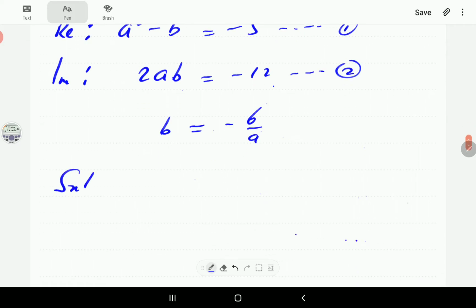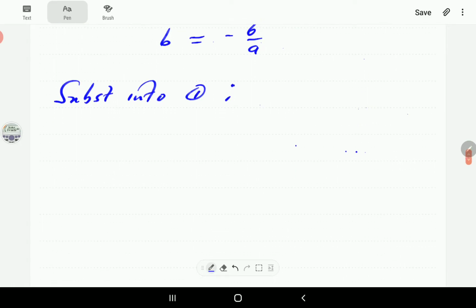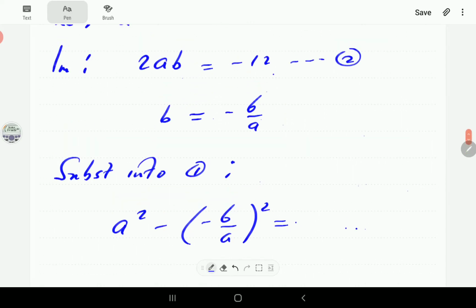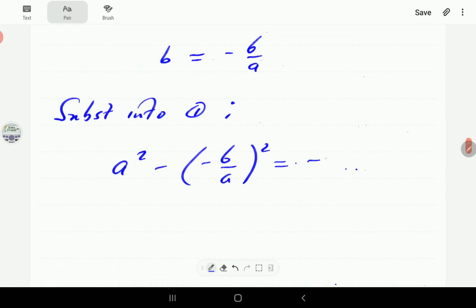Then we can substitute that into equation 1. So we have a squared minus negative 6 over a, all squared, equal to negative 5.